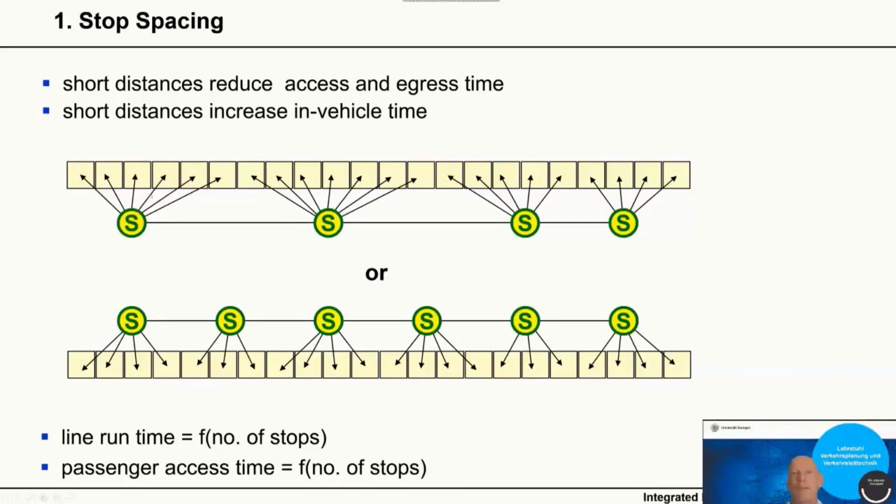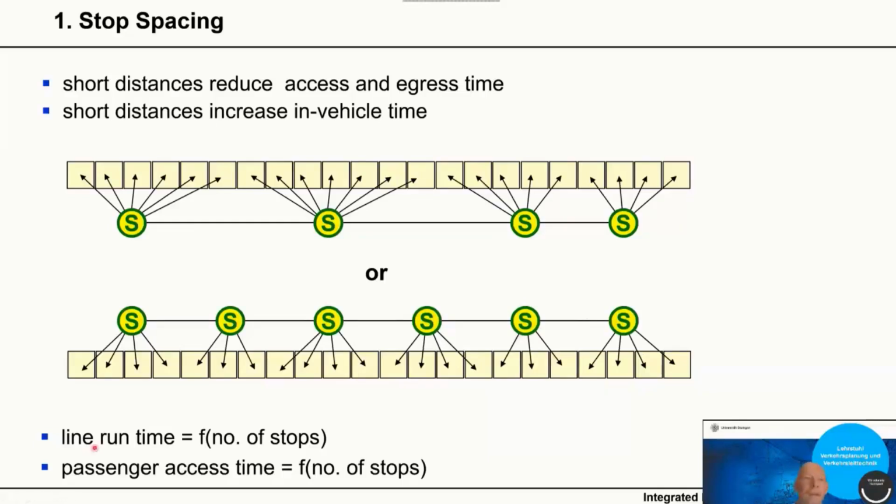So you have more access time. But the vehicle needs to stop less frequently. If you have more stops, then you reduce access and egress time, but all travelers traveling on that line observe more stops.